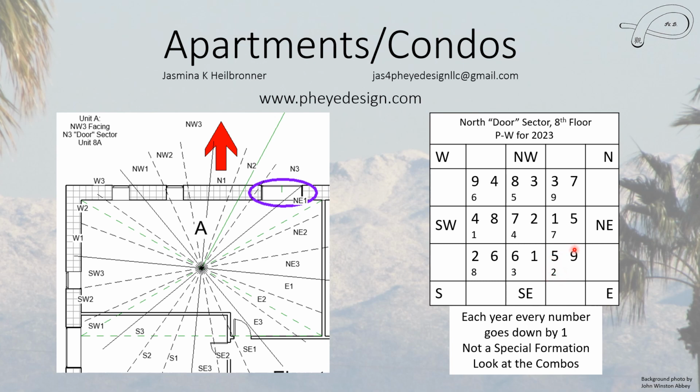So it's not a sector you can do a lot with. But that's only one sector, although it's going to move around every year, and so you just have to kind of deal with it. So there will be places in the apartment that are very good for specific things, and it depends on what you want to do.